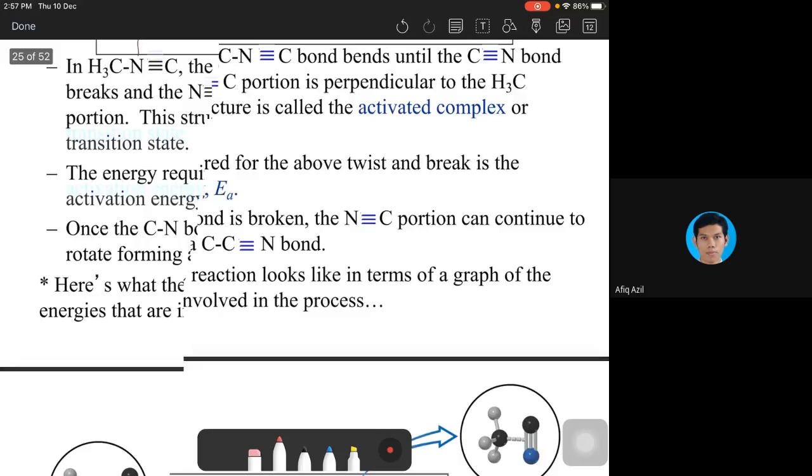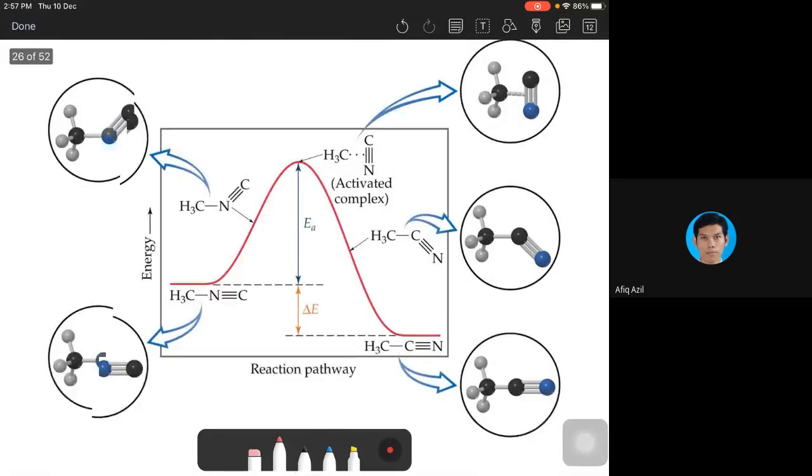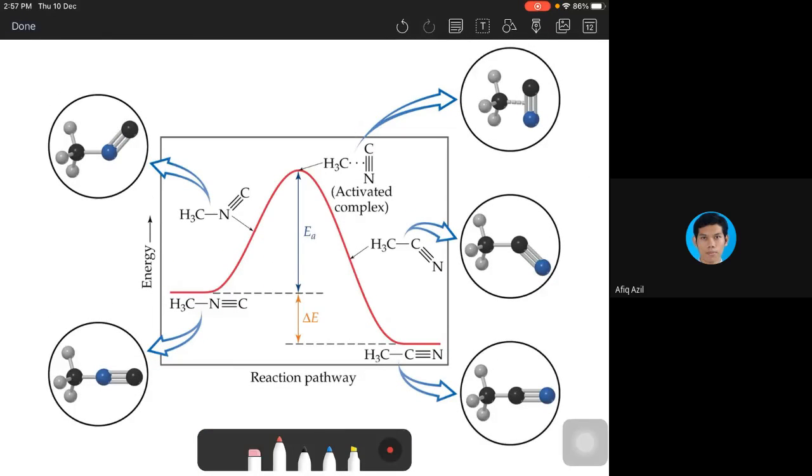The reaction explained in terms of a graph will be something like this. The graph is basically energy versus reaction pathway. This is the starting material, and then the N triple bond C will start to bend, and this CN bond will try to break loose.